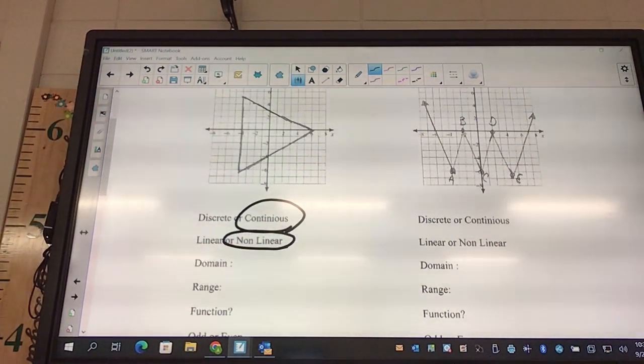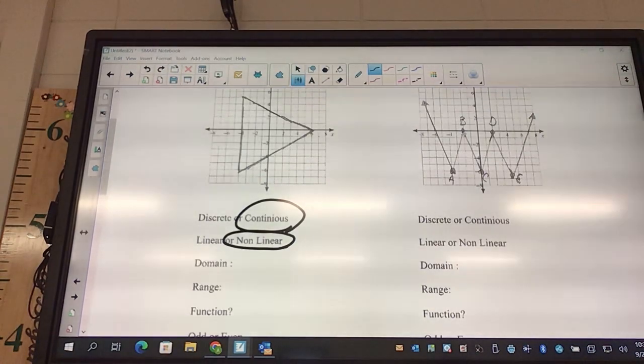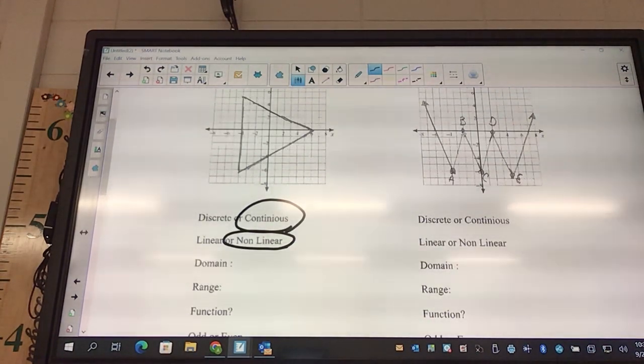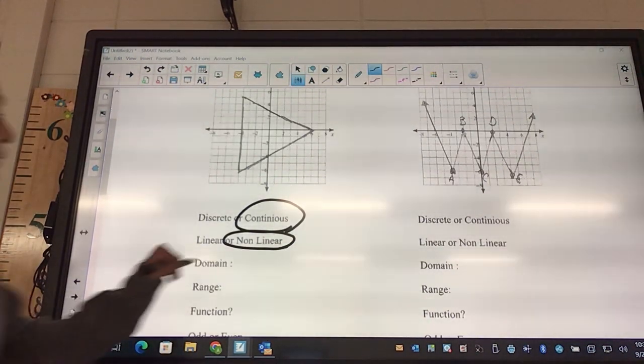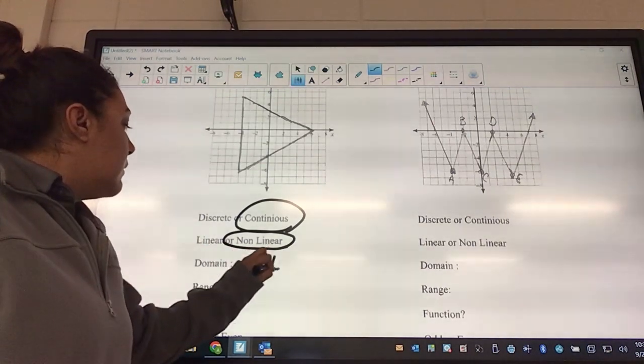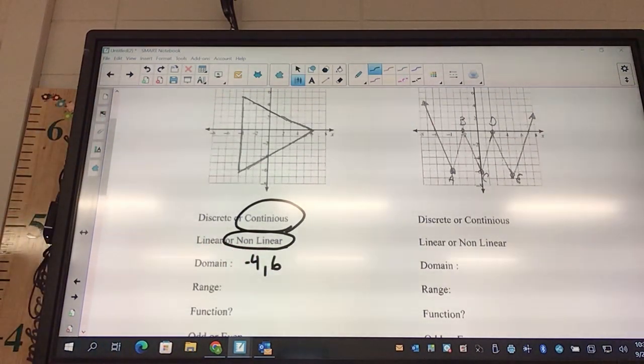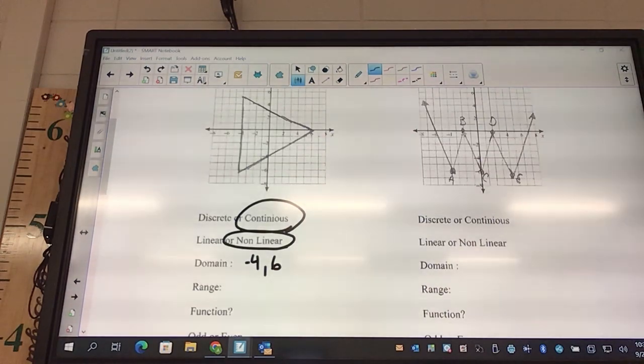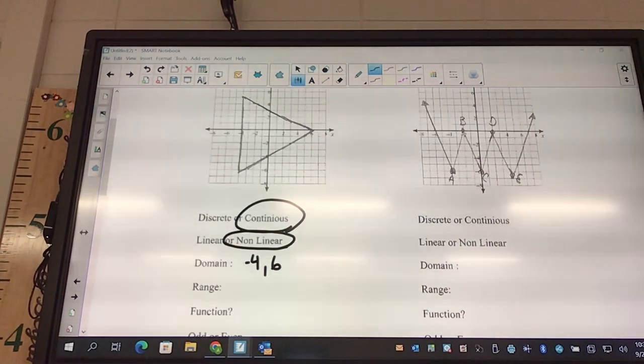Domain, what is the domain? -4 to 6. Good. The range. -6 to 5.